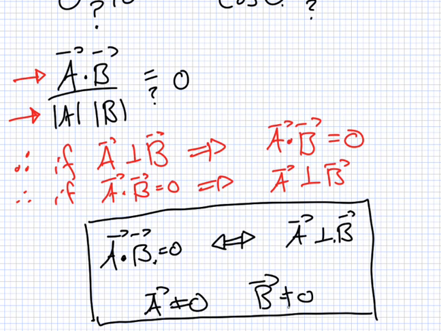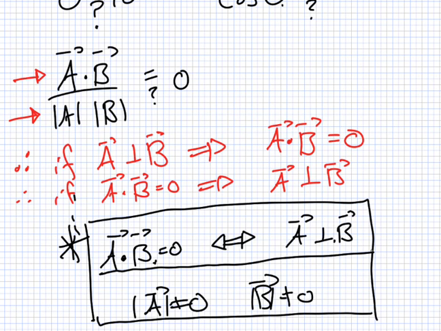Given the magnitudes are not 0. Sorry, yeah. The only way the magnitudes could be 0 is if the three parts of the vector were 0. So it's the same meaning. The only way a vector could have no length is if it was 0, 0, 0. Okay, so this is an important result of dot products: A dot B is 0 if and only if they are perpendicular.